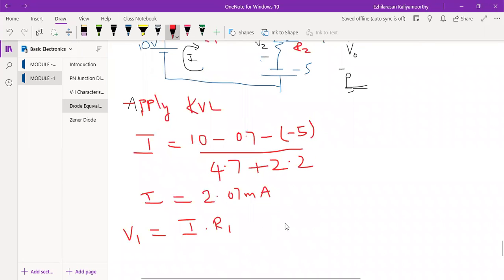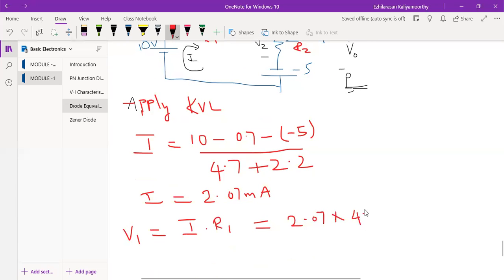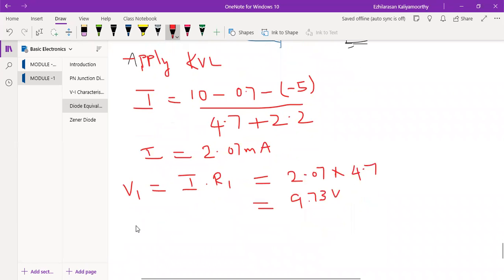So it's nothing but 2.07 milliampere into R1, which is 4.7 K. So milli and K will get cancelled. Then we'll get the value as 9.73 volt.